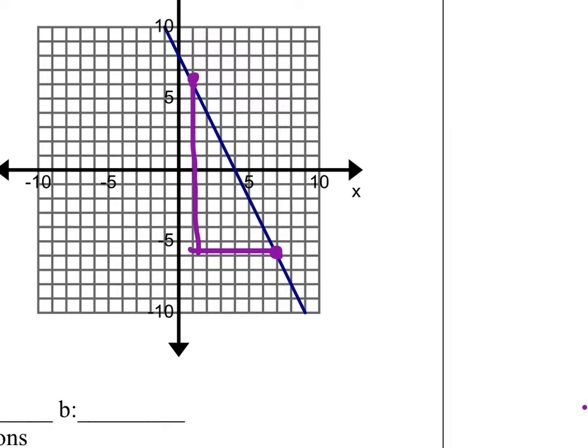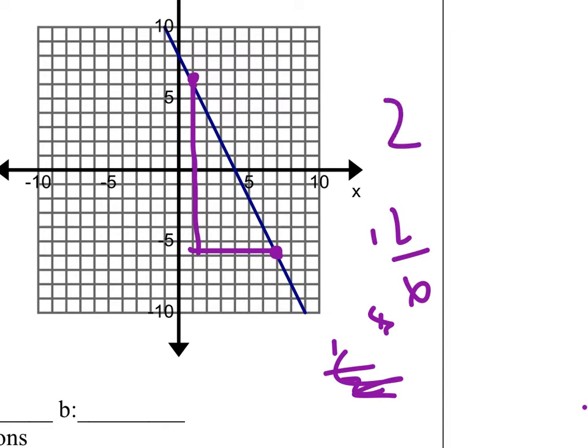Okay. So the rise is 1, 2, 3, 4, 5, 6, 7, 8, 9, 10, 11, 12. So the rise is 12. The run is 1, 2, 3, 4, 5, 6, which means that it equals 2.